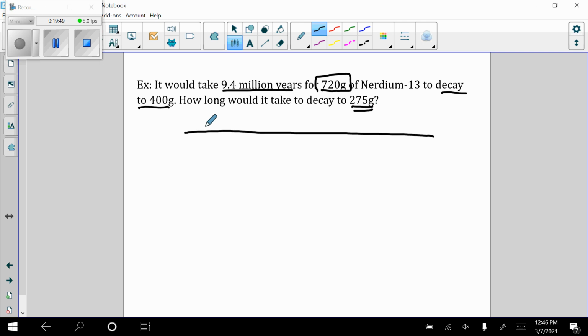So again, a timeline. Now I have 720, if we think about it like that. 9.4 million years, I had 400 grams. And how long will it take to get to 275?